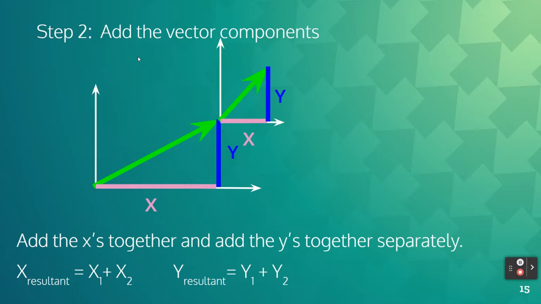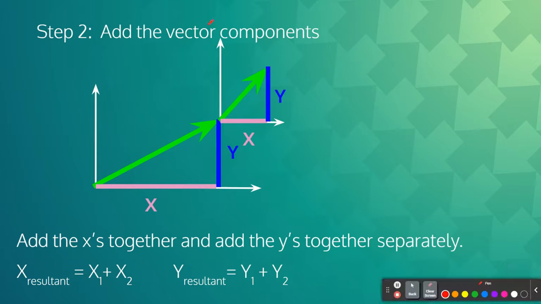Second, I'm going to add the vector components. This is the x component of this vector, and this is the y component of this vector. So I'm going to need to add this x piece plus this x piece by itself to get my resulting x direction.